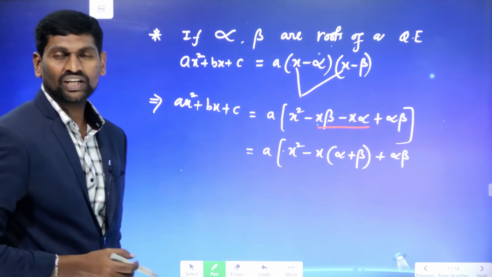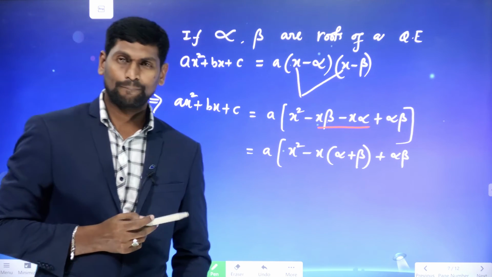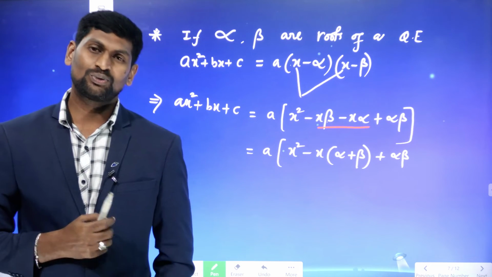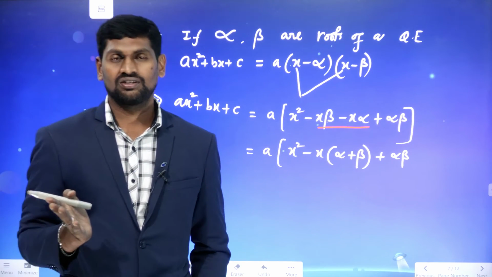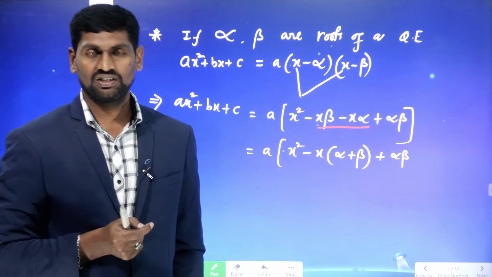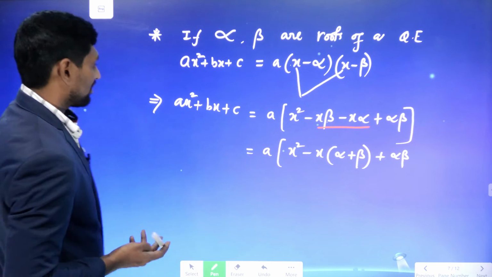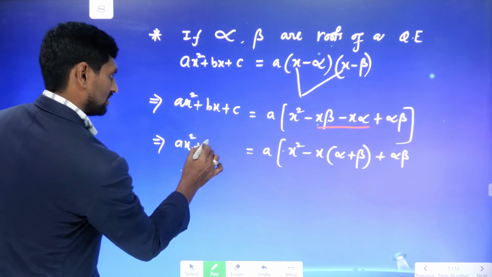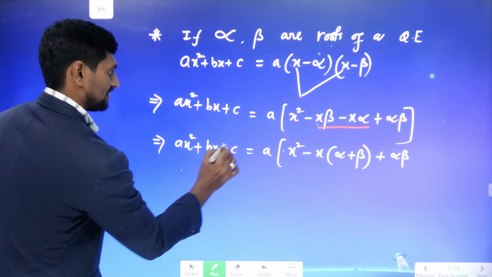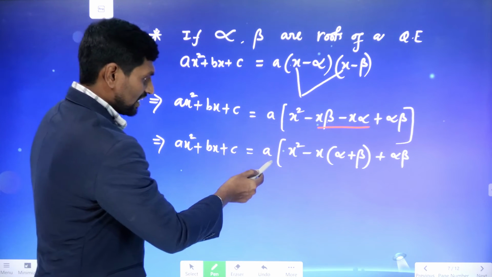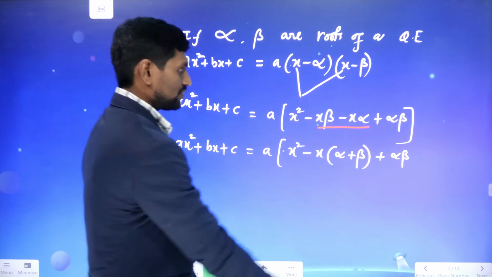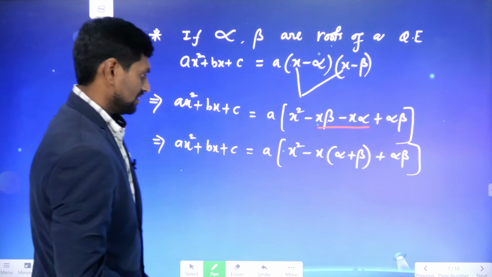Previously I have taken alpha, beta as roots. I already told you roots are zeros, roots are nothing but solutions or zeros. Ax square plus bx plus c. Now this a, I am transposing to this side. Here a is multiplying; when we transpose this side, it becomes divides.